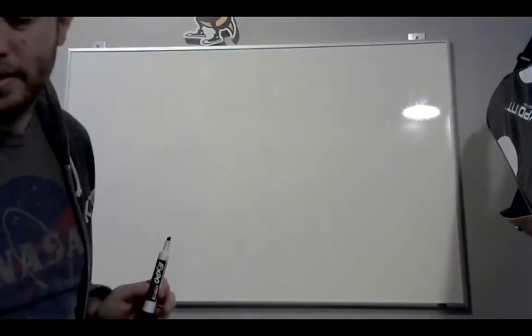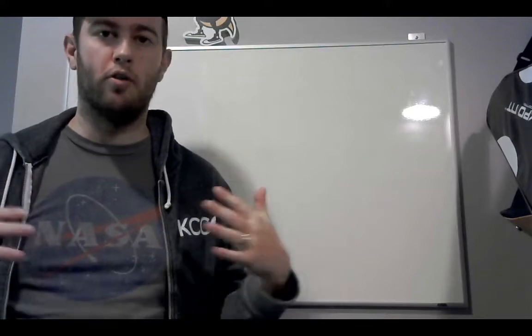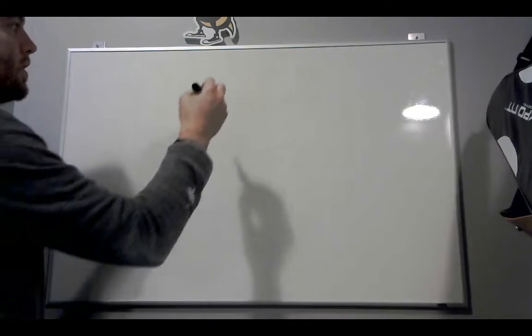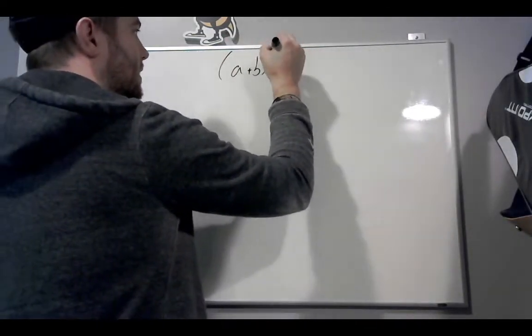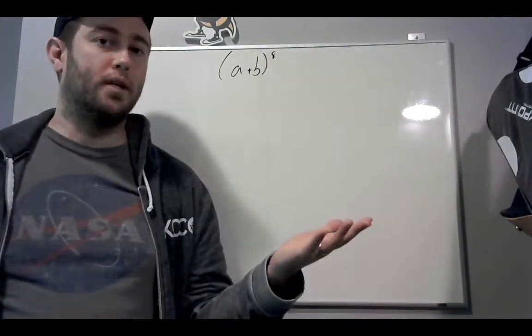So, again, let's say that I don't remember all of my rows of Pascal's triangle. I don't need to remember all of them. So what I'm going to do is start with an easy example and then move on and do some harder ones. This time, I'm going to do (a + b) to the 8th power. And this time I'm saying I don't know what the 8th row is off the top of my head.